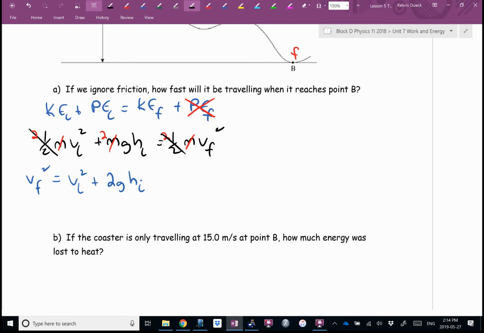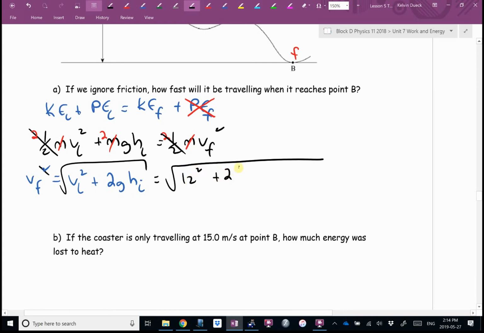What am I trying to find, Sam? Yeah. Have I got the VF by itself? No. Oh, V squared. So everybody pick up your pencils. Square root. So it's going to be the square root of, what was VI? Was it 12? Squared plus 2 times 9.8 times 18.